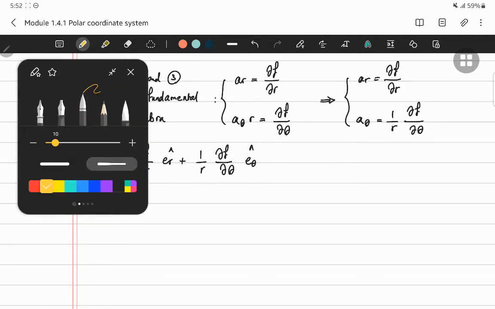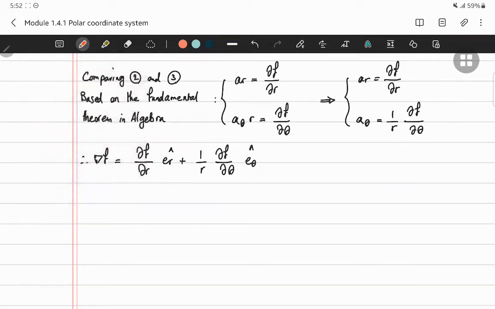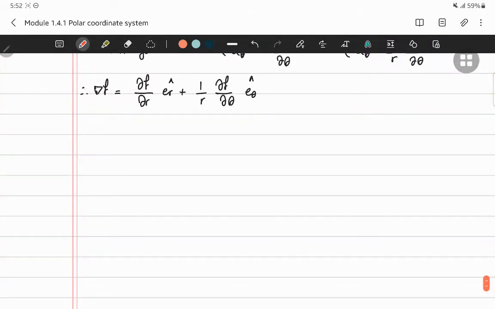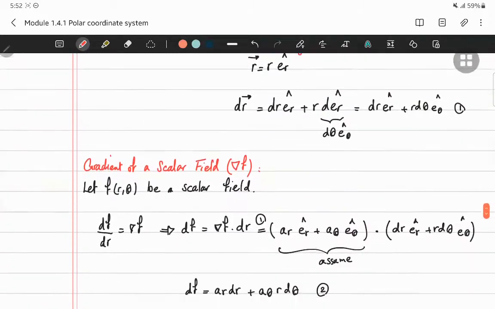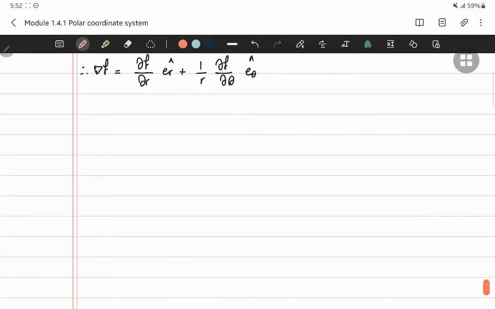So next, let us move on. This was the gradient of a scalar field. Now we look at the gradient of a vector field, all in the polar coordinate system.